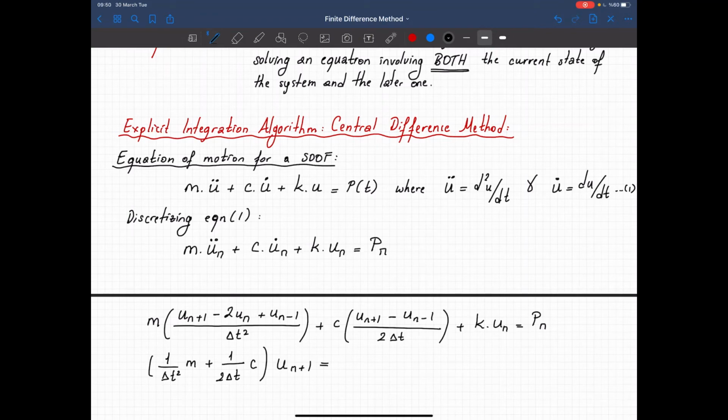That should be equal to p of n minus k times un plus 2 divided by delta t squared multiplied by m times again un, plus 1 over 2 delta t multiplied by c minus 1 over delta t squared multiplied by m and un minus 1.